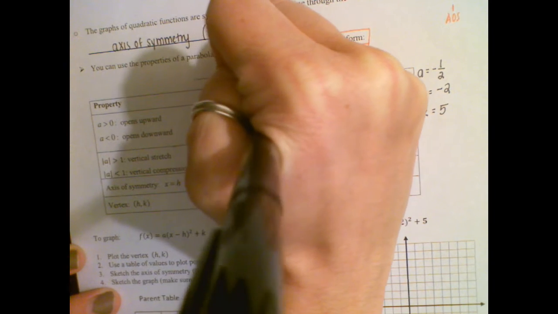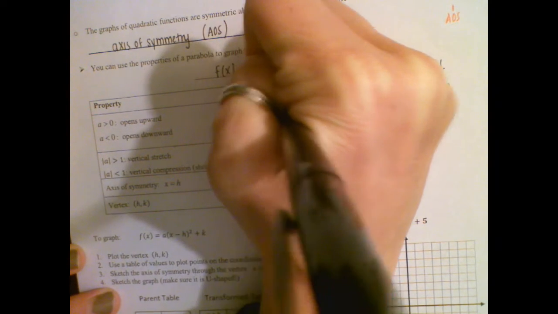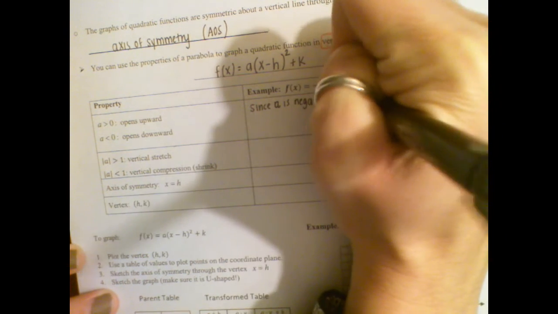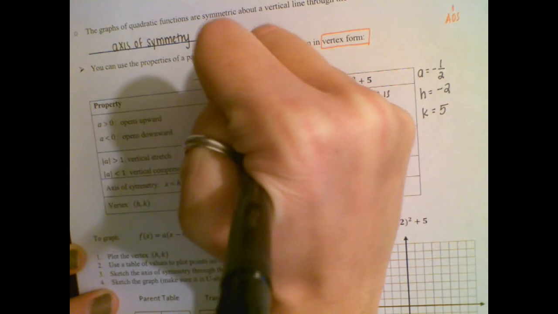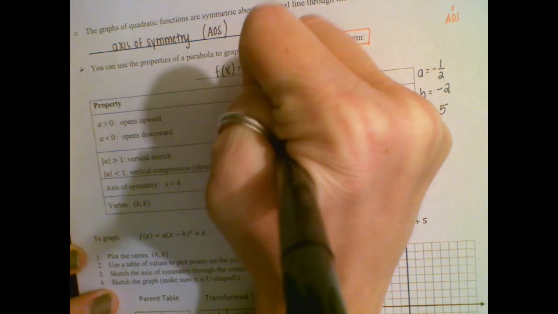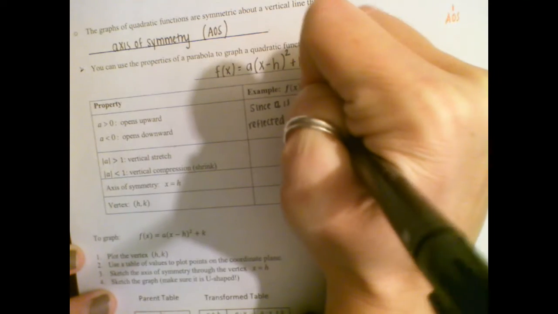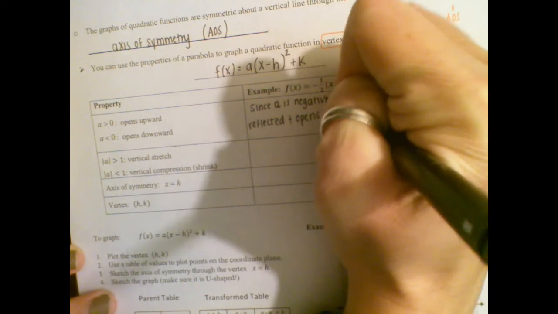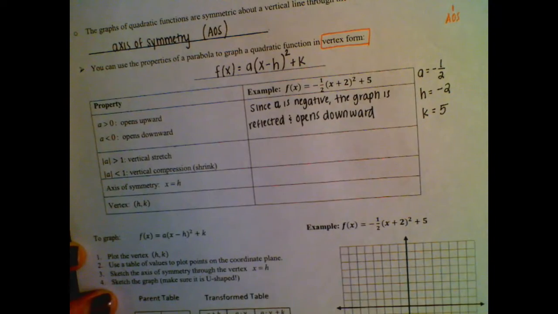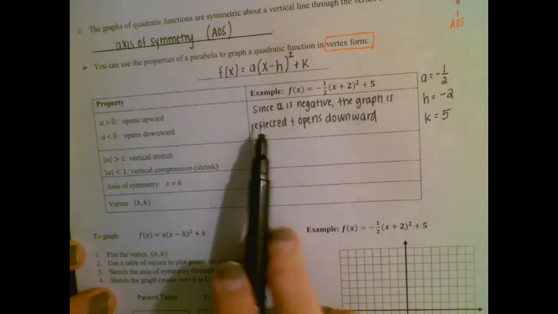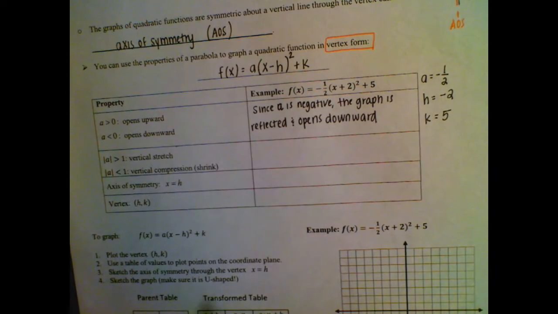So I'm going to write here, since A is negative, the graph is reflected and opens downwards. So since A is negative, the graph is reflected, and therefore it opens downward.